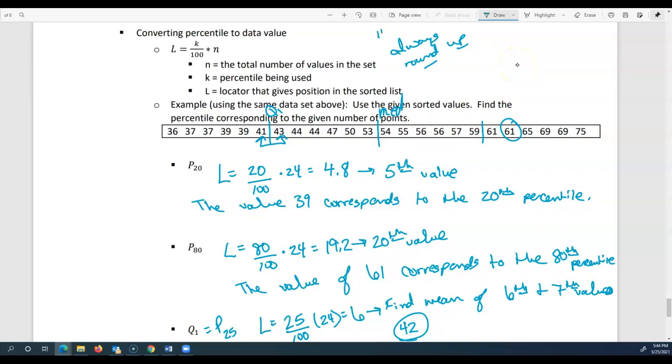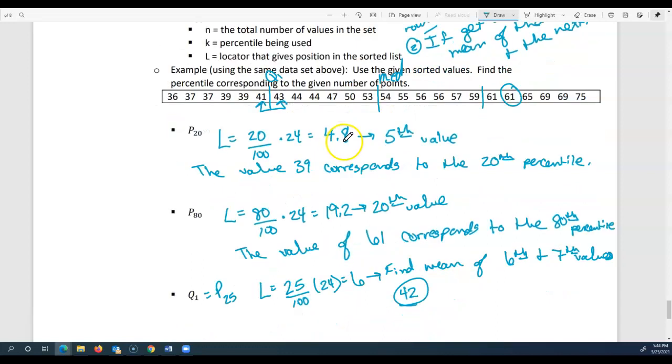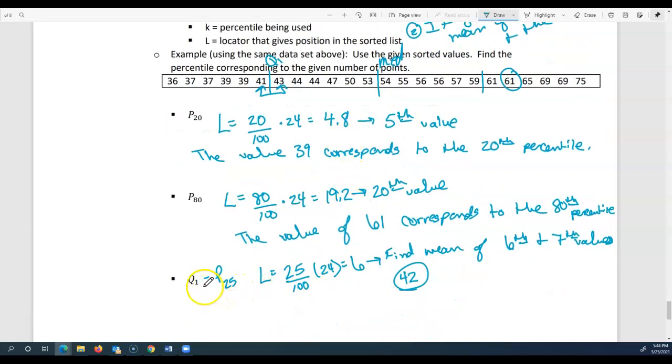The other caveat is if you get a whole number, then you've got to find the mean of that value and the next. And that's what that percentile would actually correspond to. Just like we did here with that 25th percentile, which is quartile 1, actually lives between those 2 values.